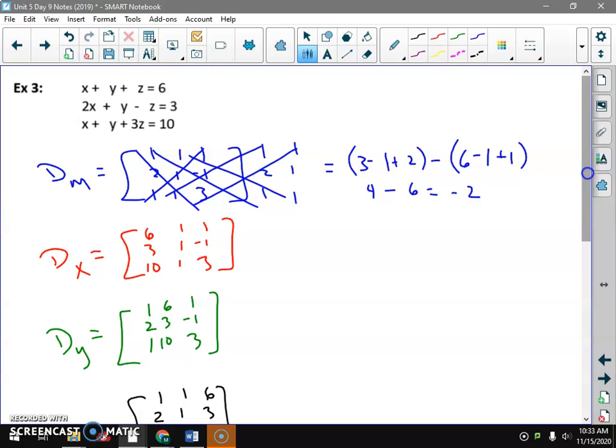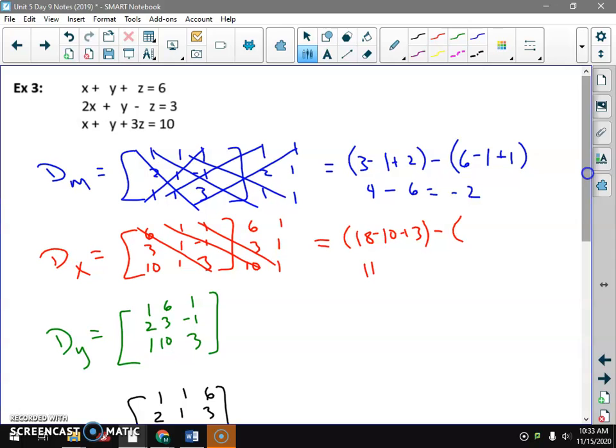That's your main matrix. Let's find x. Copy column 1. Column 2. 6 times 3 is 18. Negative 1 times 10 is negative 10. 1 times 3 is 3. 18 minus 10 is 8, plus 3 is 11.